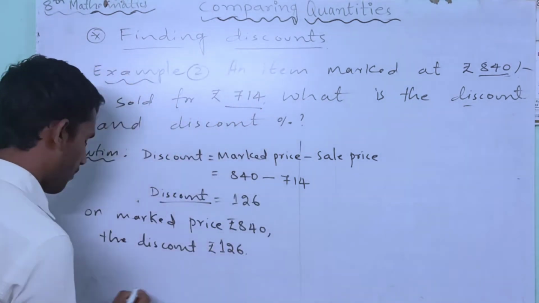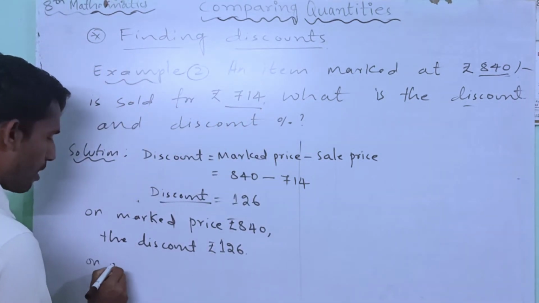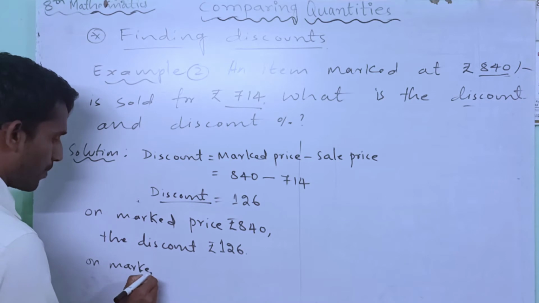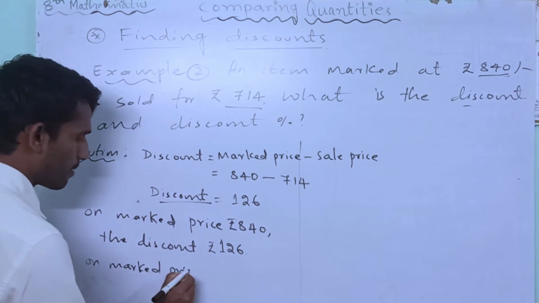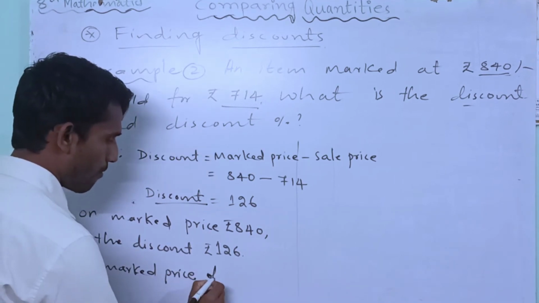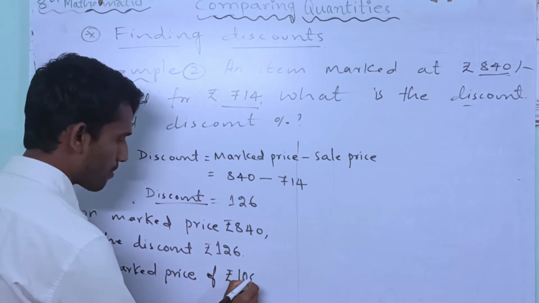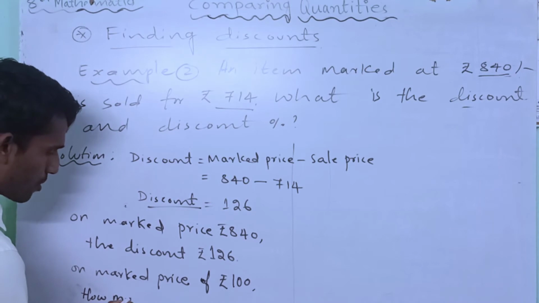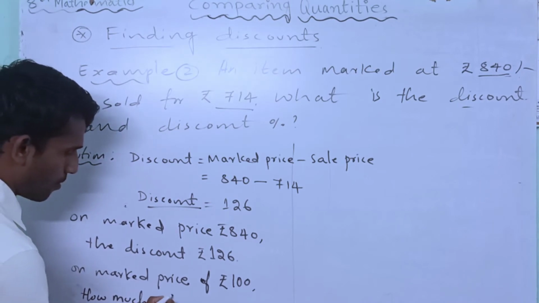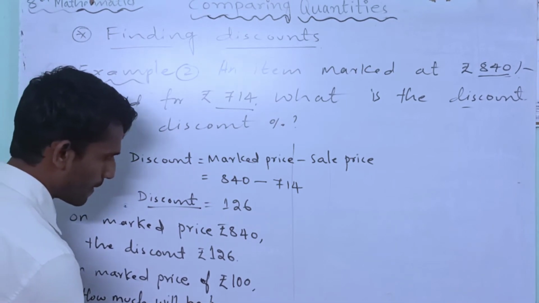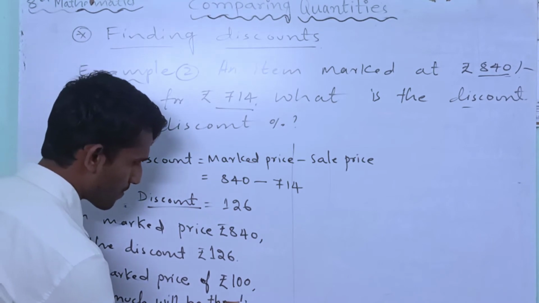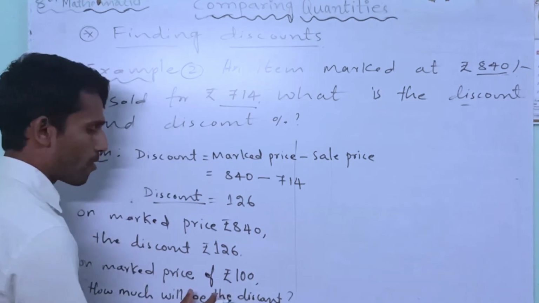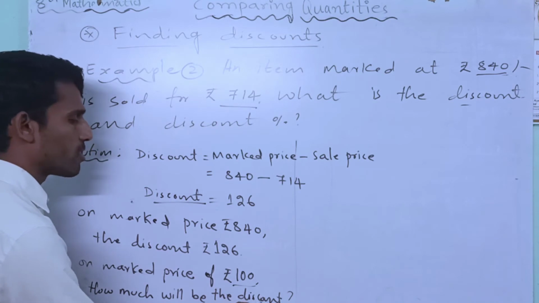Okay, now we have to find out, on a market price of 100 rupees, how much will be the discount? First we have to find how much discount there is for 100.